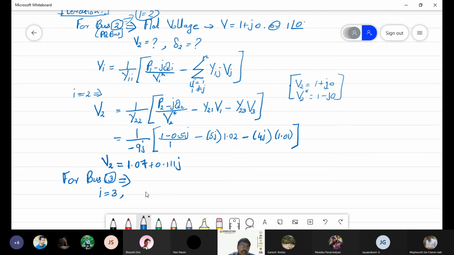Then here also we can assume flat voltages.